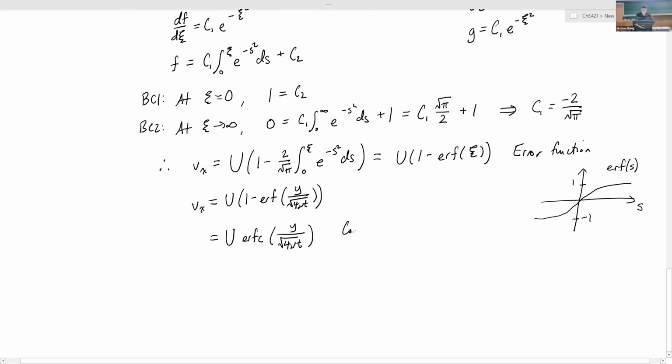This is called the complementary error function. It's 1 minus this, and so instead of the asymptotic limits going from -1 to 1, it now looks something like this, where it intersects the y-axis at 1, and it decreases from 2 down to 0.